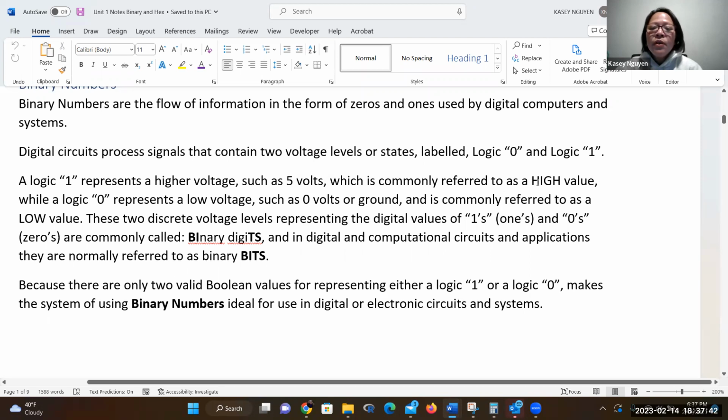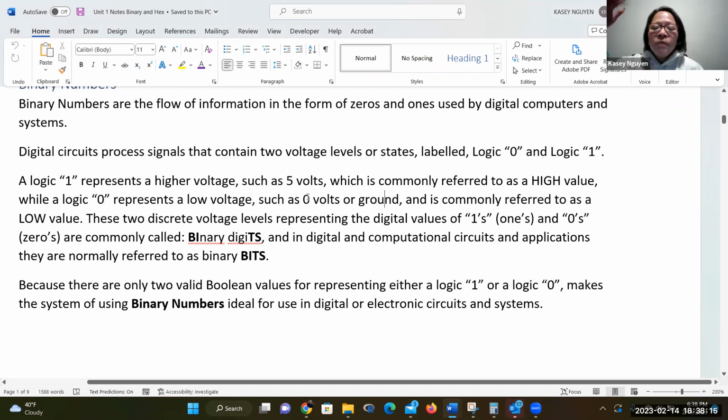Those of you who have learned Arduino or microcontrollers, programming an embedded system like Raspberry Pi, sometimes in your code you would put high, and it understands that as 5 volts or a 1. When it receives a 0, or when that bit is turned to 0, that means off, and it reduces the 5 volts down to 0 volts or ground.